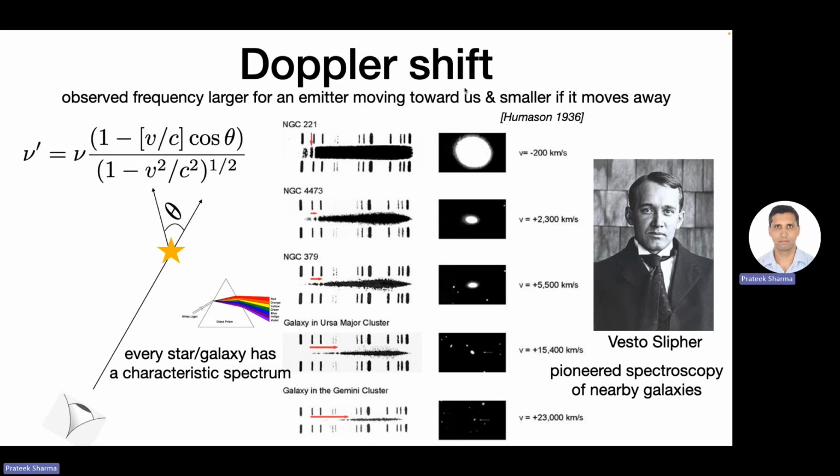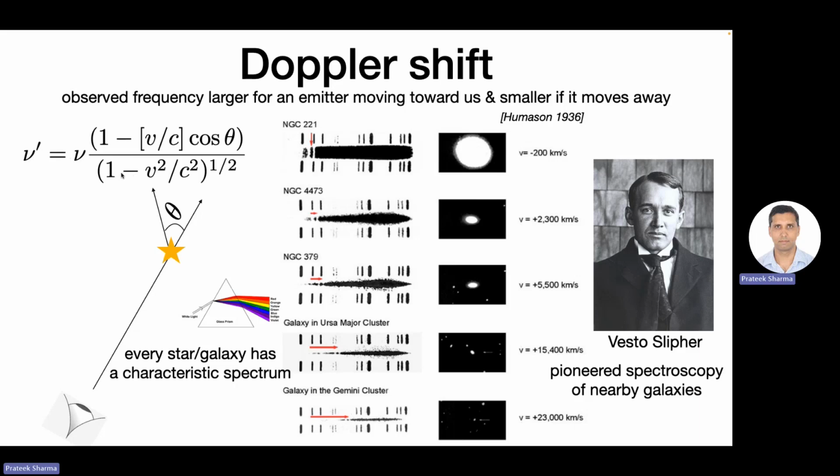And it's as simple a phenomenon as the ambulance approaching towards you, the pitch sounds sharper compared to the ambulance receding from you. Okay, so this formula relates the intrinsic frequency of an emitter, like an emission line, and the observed frequency.